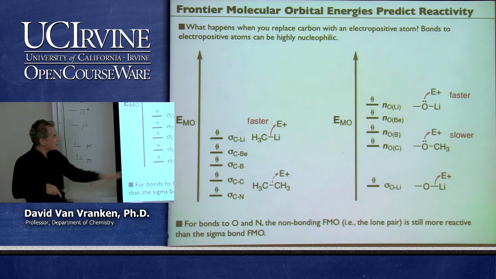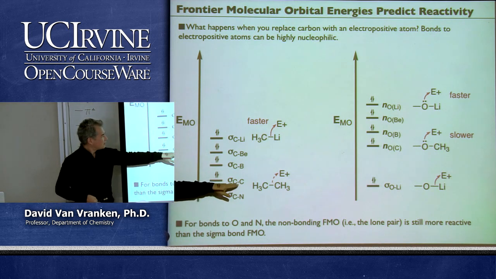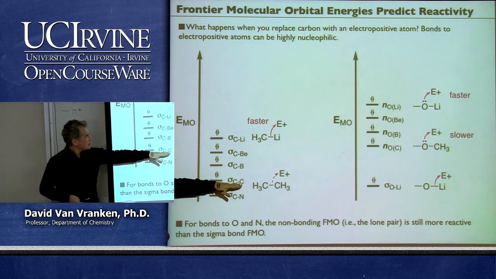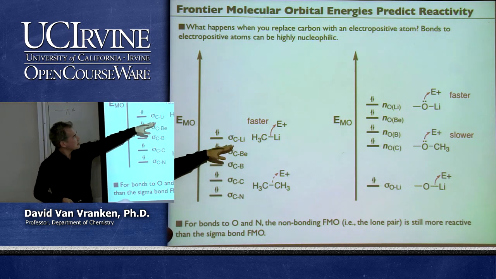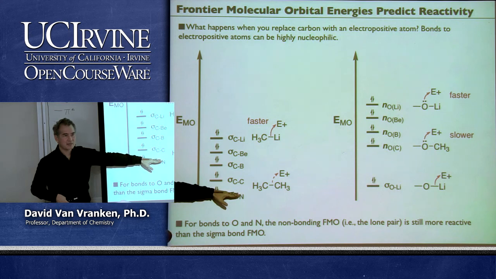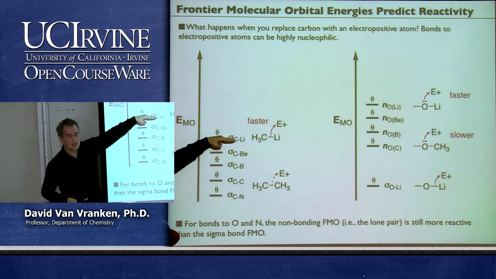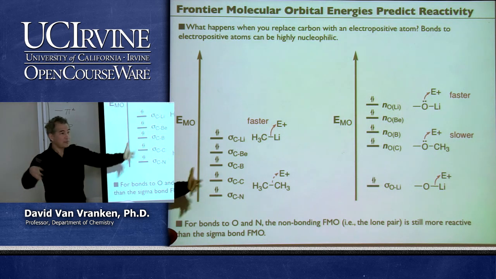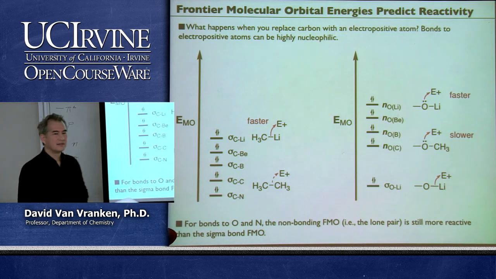But if I go from a typical atom like carbon forming a bond to carbon, and I decrease the electronegativity, boron to beryllium to lithium, electrons really want to be in orbitals that are associated with nitrogen or electronegative atoms. But when I go to an electropositive atom, I can make this canonical orbital, that bond, reactive enough where it can become as reactive as a lone pair or a pi bond.